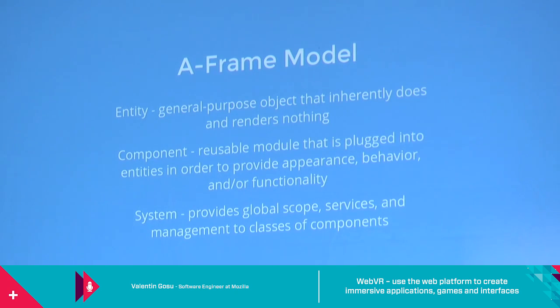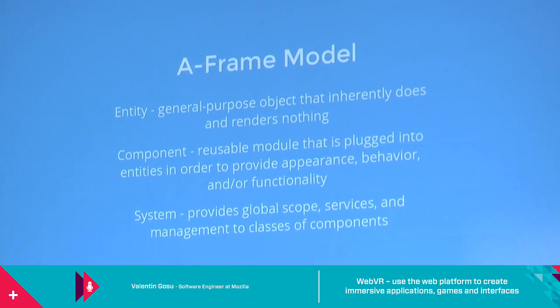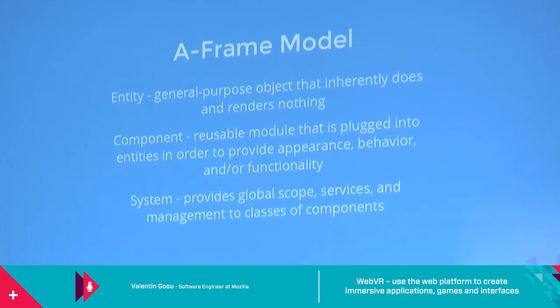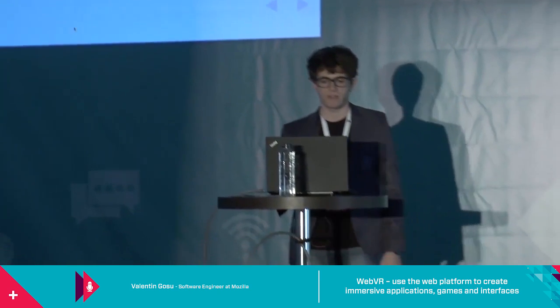It has a color and the material. And the way the lighting works, and some other properties like what happens when your sphere hits the cube. It could explode, or it could fall down, or something else like that. And the system, which provides global scope services you can use to create new components, or, I don't know, do lots of other things.